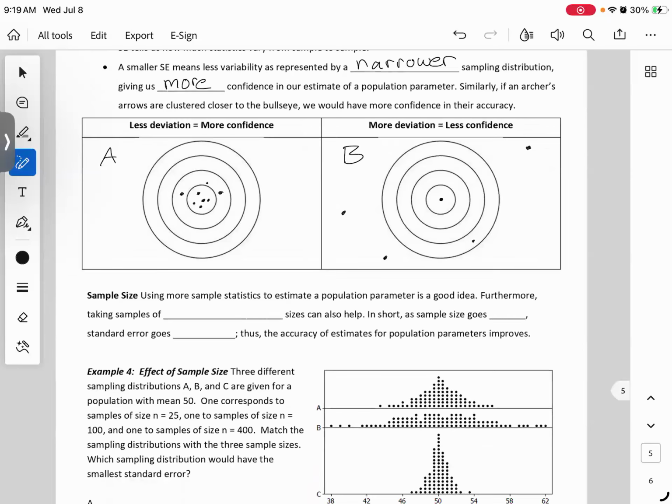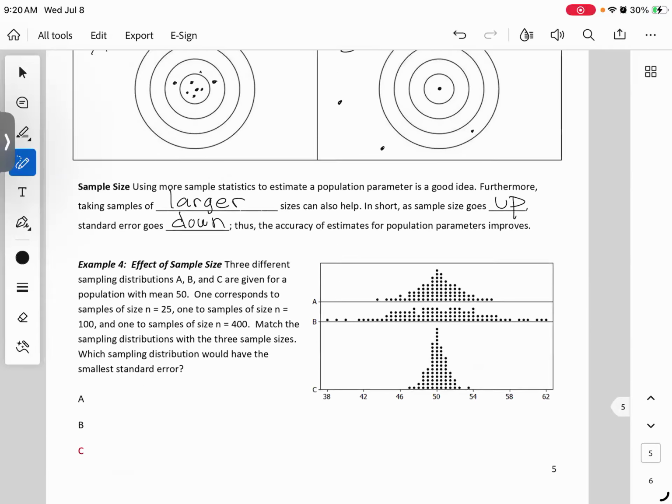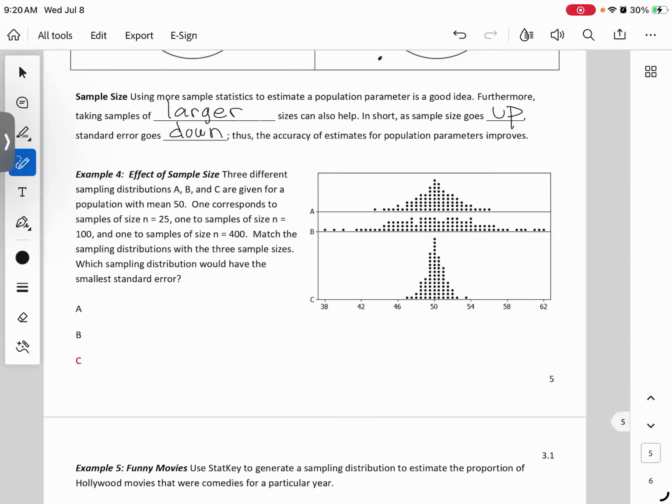Now, one of the things that we'll talk about more and more throughout the semester is that as you increase your sample size, your graph is going to shrink down, or your standard error is going to get smaller and smaller. I thought the best way is just to show you. This one right here has a very narrow graph.